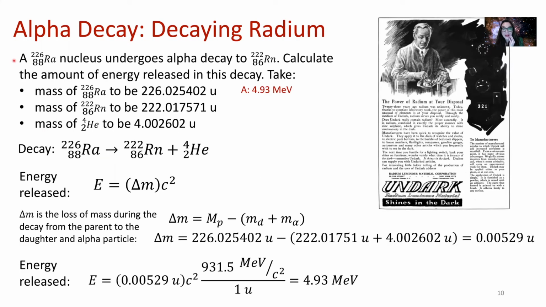In our problem here, we have a radium nucleus that is going to undergo alpha decay into radon. We're going to calculate the amount of energy released in this decay. So we've got the mass of our radium nuclide here, the mass of our radon nuclide, and then the mass of our alpha particle. This decay follows along this process here.